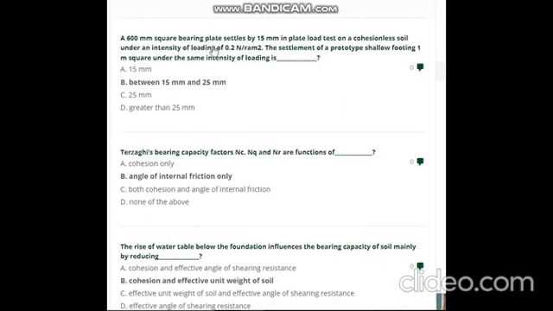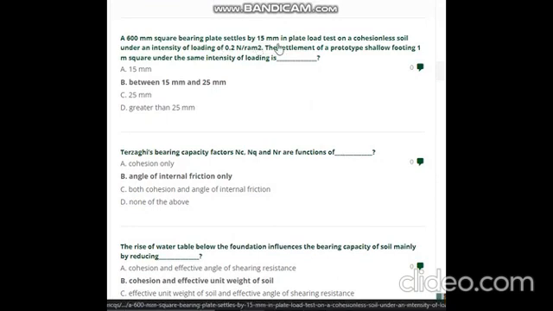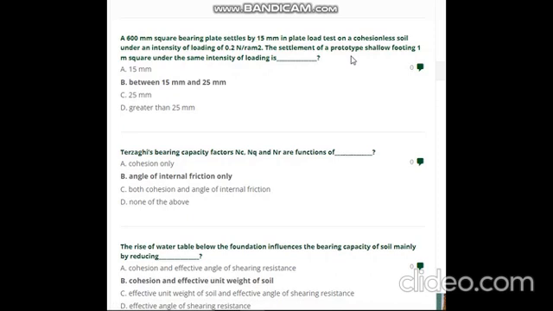A 600 mm square bearing plate settles by 15 mm in plate load test on a cohesionless soil under an intensity of loading of 0.2 N/mm square. The settlement of prototype shallow footing 1 meter square under the same intensity of loading is between 15 mm and 25 mm.